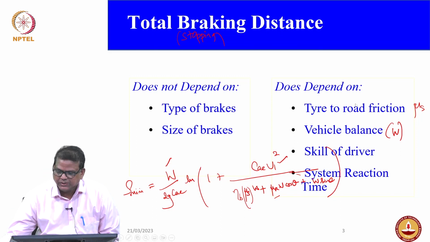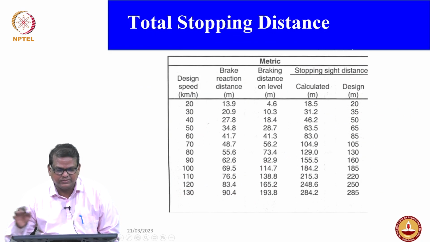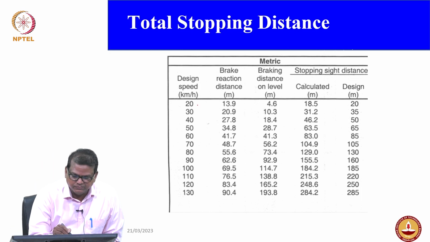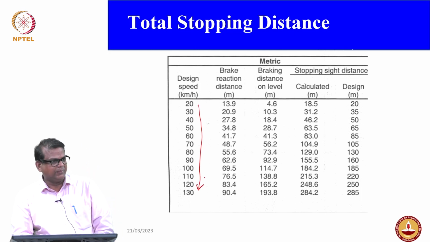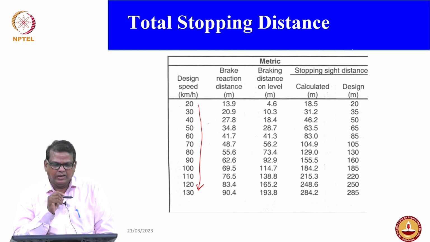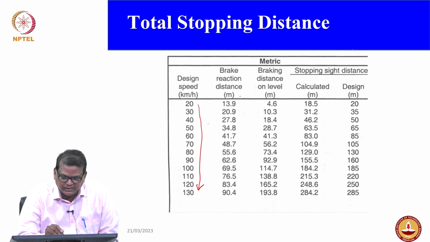In fact, this is given for one standard vehicle, and you can see how the braking or stopping distance varies with respect to different speeds. It depends on the velocity, and again the reaction time.